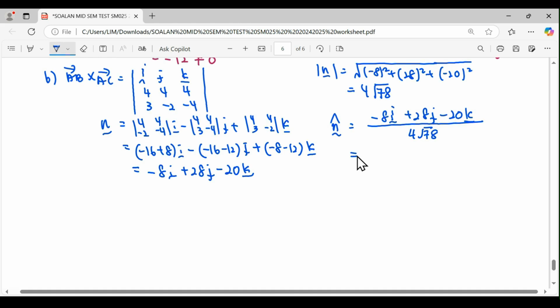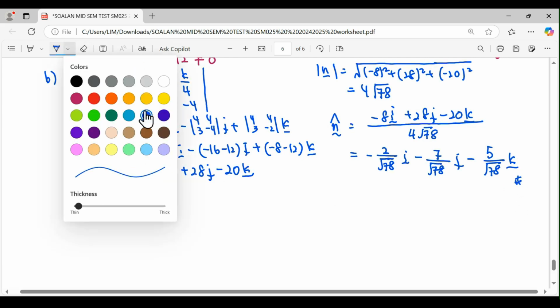So simplify this. Alright, so simplify it to the form of ijk, not just put in the formula and let it like that.